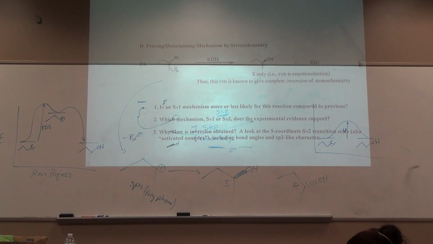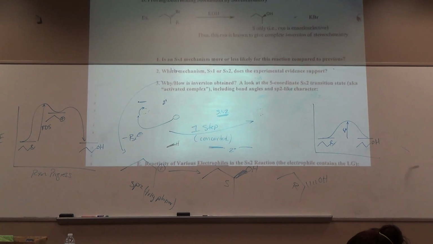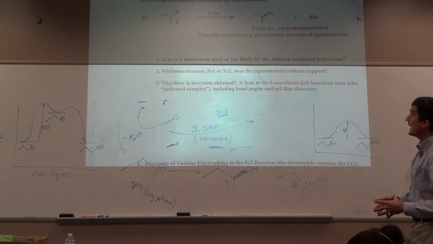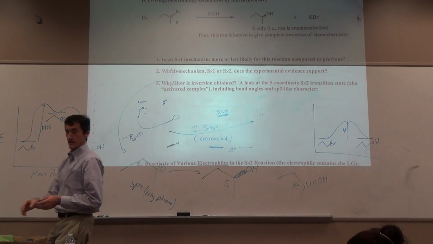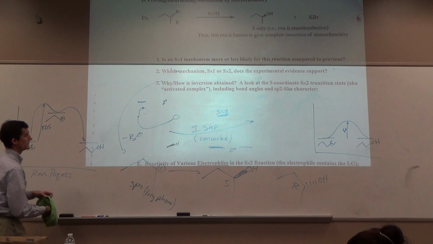That transition state I talked about, looks like it's time to show it. How is inversion obtained? Let's see if we can draw the transition state.